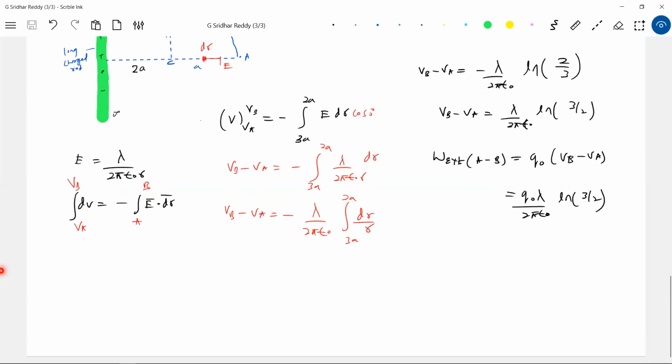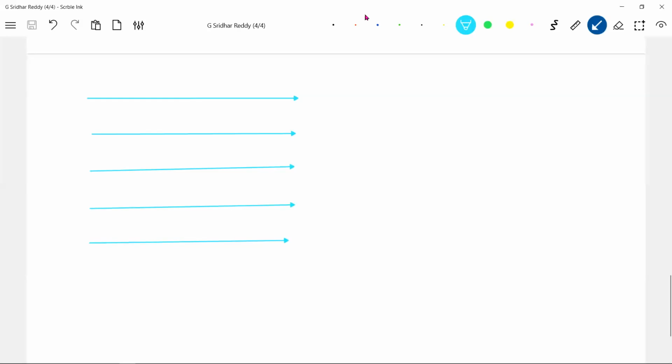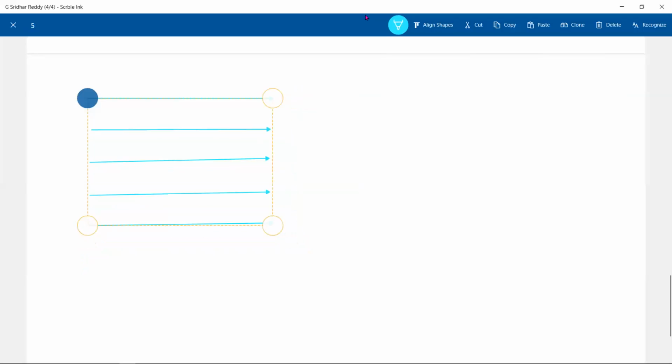Now, let's take the next discussion. There is a uniform electric field. How to calculate potential difference in different types of fields. Okay, this is the electric field I'm having.